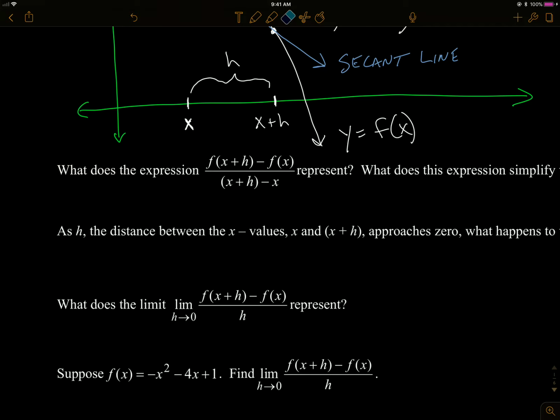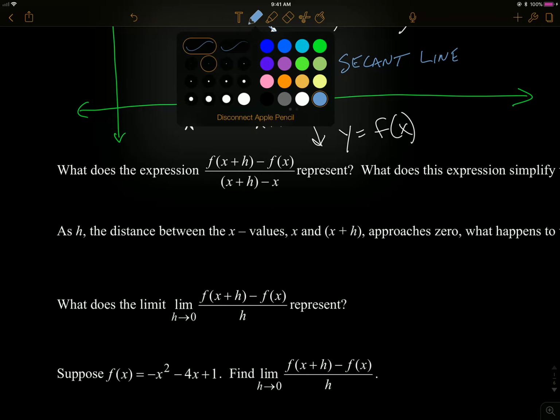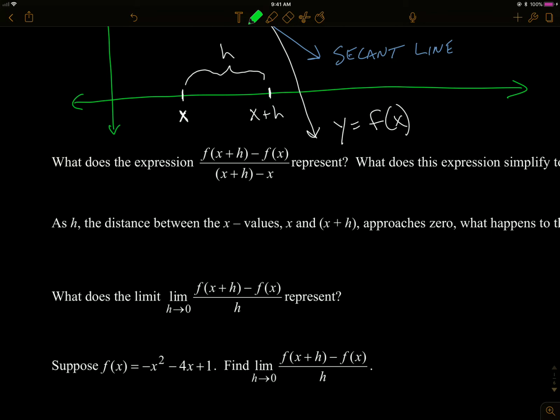So let's go down through here. What does that expression represent? We're going to say that f of x plus h minus f of x, I'm going to write it out again, it's good to get used to. You've already seen this a lot in this course because we knew it was coming, so we made you do it a lot. We called it the difference quotient, right?